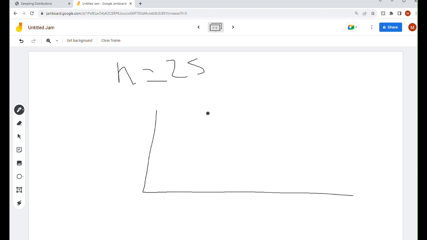So if we took 25 samples, it's more difficult for us to get something that deviates too much from 30, because we're very likely to get ages around 30. So in this case, we'd have a sampling distribution that is less varied, right? And more concentrated around 30. So maybe something like this, right?